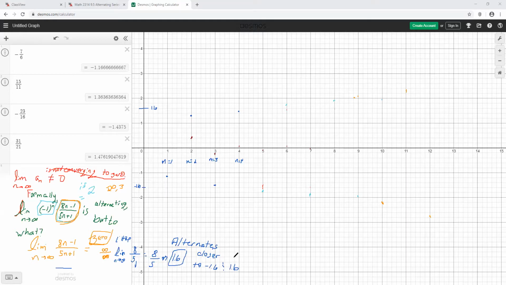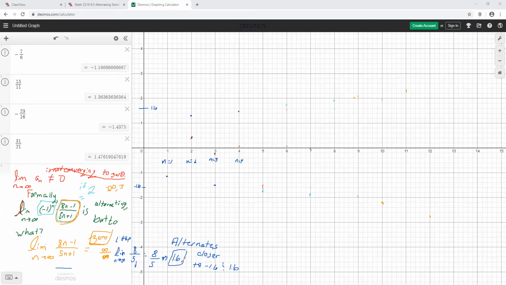So this is not getting closer and closer to 0, is it? No. And therefore, for the limit of the individual terms of this sequence, you cannot even say it's getting closer to one single finite number.